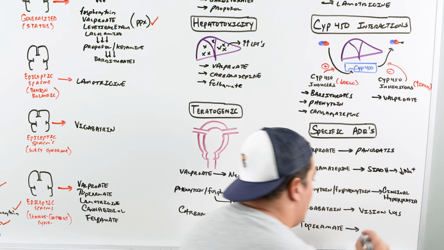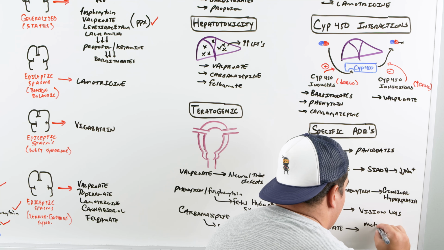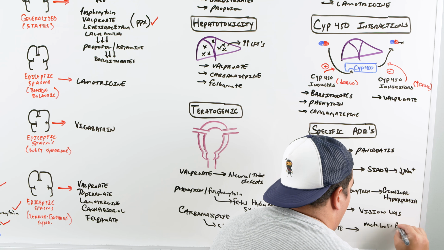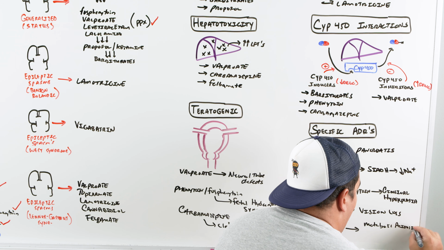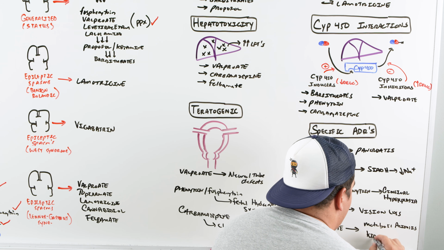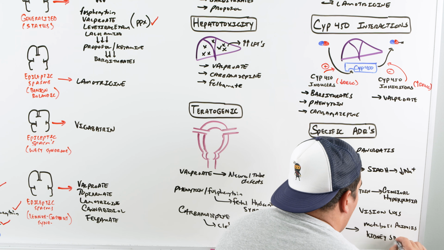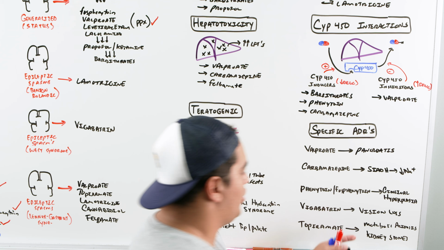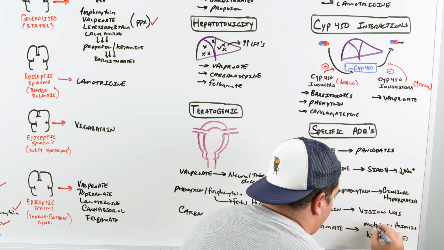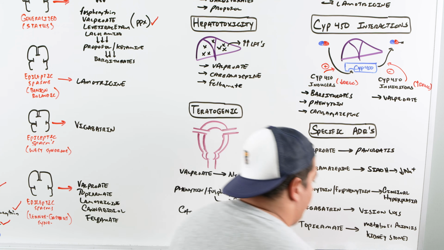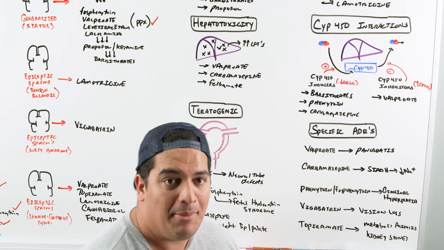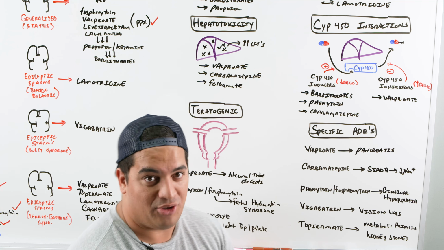This one has been shown to cause metabolic acidosis, as well as kidney stones, and to some degree, relatively rare, glaucoma as well. But I really want you to remember metabolic acidosis and kidney stones, because they're likely going to be the most common causes that you can see with that drug.